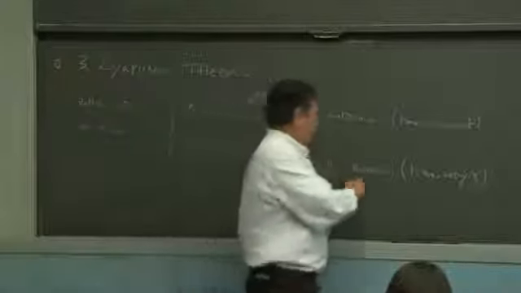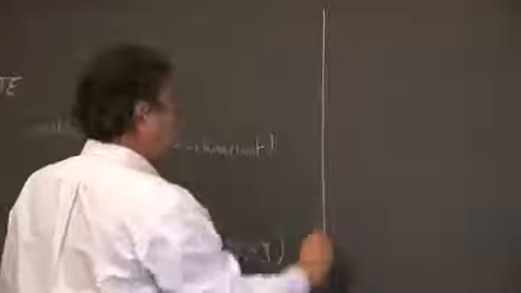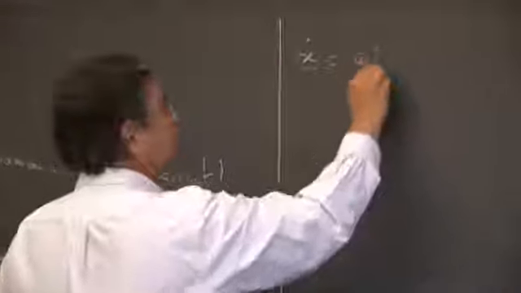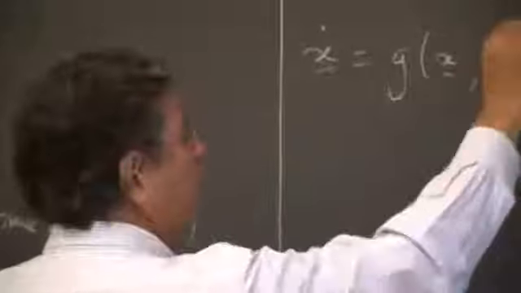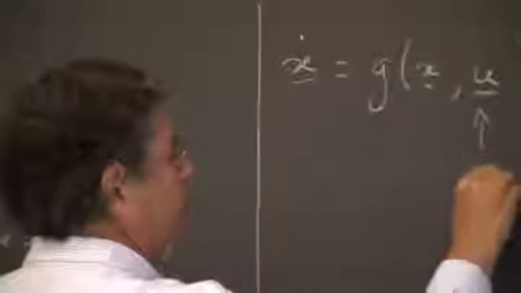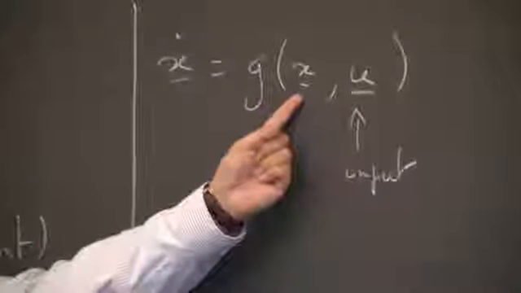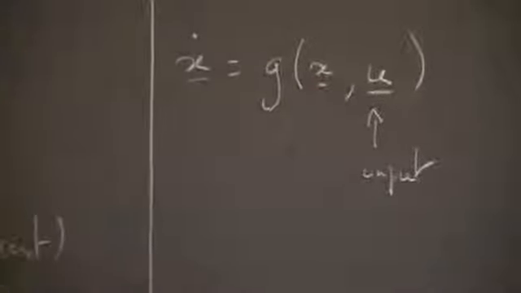Right, so suppose we do a small variation on the notation. So let's say x dot equal g of x and u, where u is an input. So the system is autonomous with respect to x, and then there's this input.